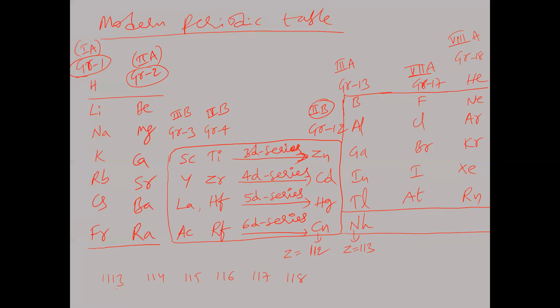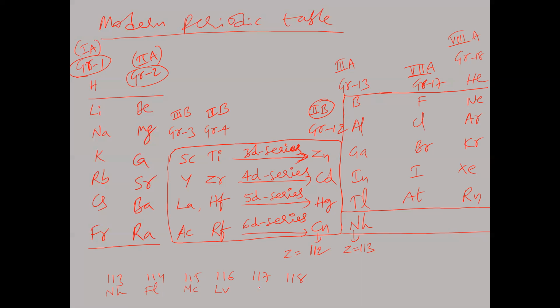Atomic number 113 is nihonium, Nh. Atomic number 114 is flerovium, Fl. 115 is moscovium, Mc. And livermorium is 116, Lv.